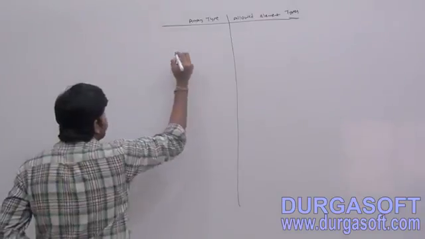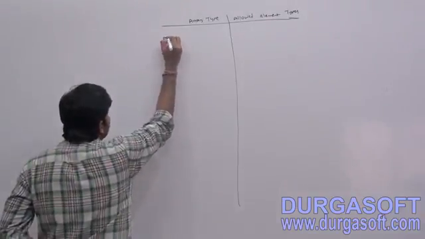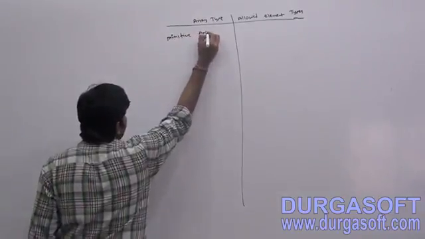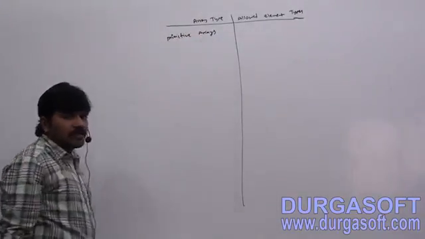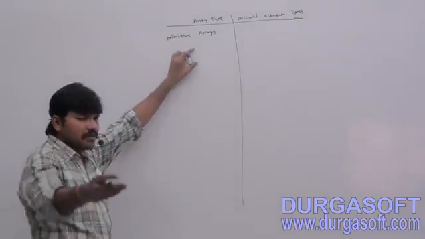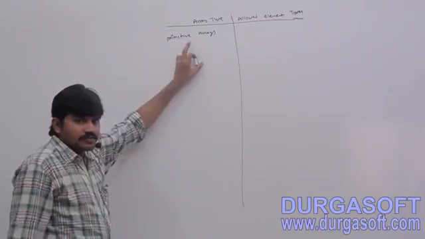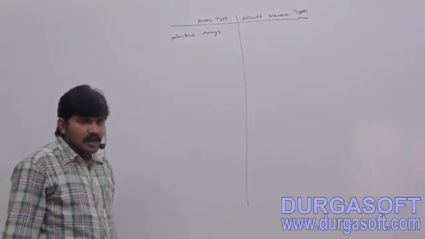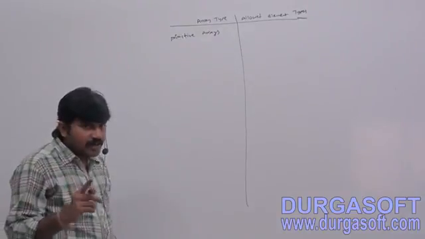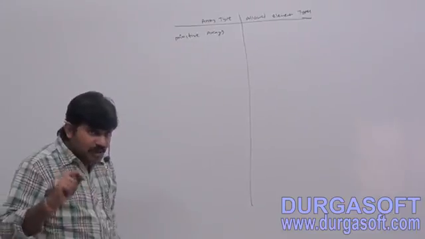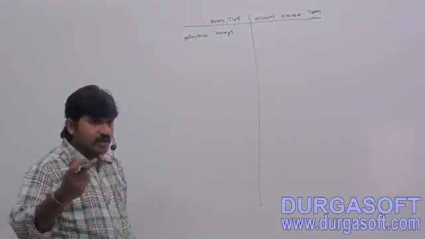First one, primitive arrays. Can you tell which data type elements are allowed for this array? Case 1, primitive array. In the case of primitive type arrays, as array elements, we can provide any type which can be implicitly promoted to the declared type.